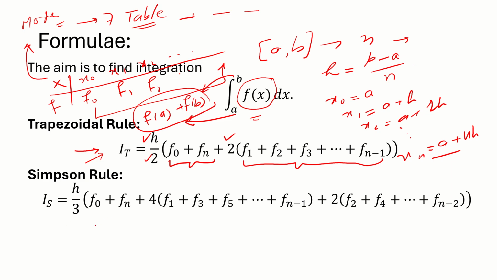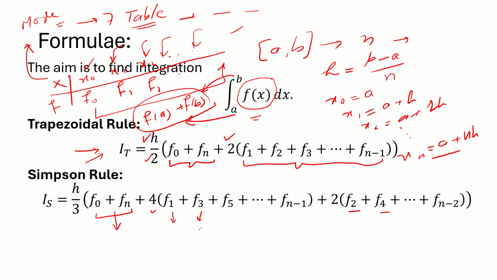Whereas in Simpson rule, we take again the same thing. The first and the last value will be taken together without a multiple. The values with odd subscripts, keeping in mind this is the first odd subscript, then the next one, then the next one, and these are the even subscripts, leaving the first one and the last one. Keep that in mind. So the odd subscript values will be multiplied by 4, whereas the even subscript values will be multiplied by 2.